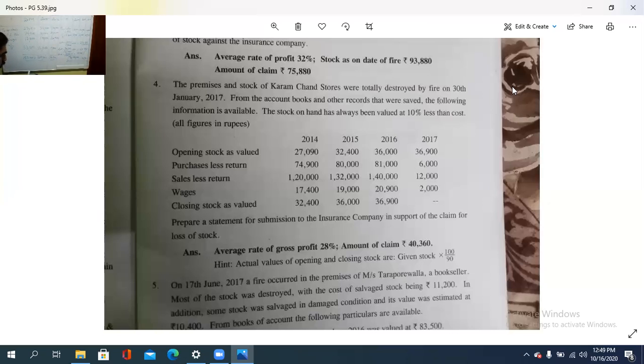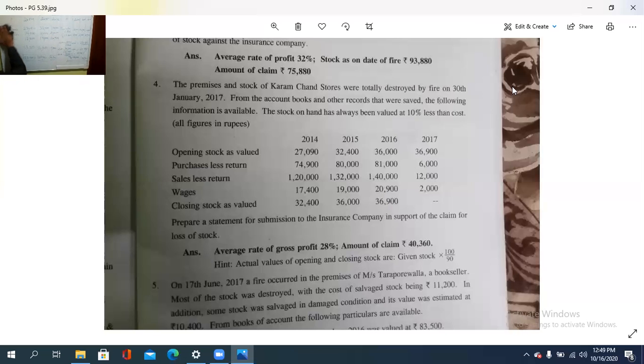We'll check it correctly. 28 plus 27.73, 28 plus 27.86, 84. 84 divided by 3, see, 28%. Correctly it is coming. Okay. So we will take the approximate percentage. That 28% we need to charge the gross profit out of the sales for which year?